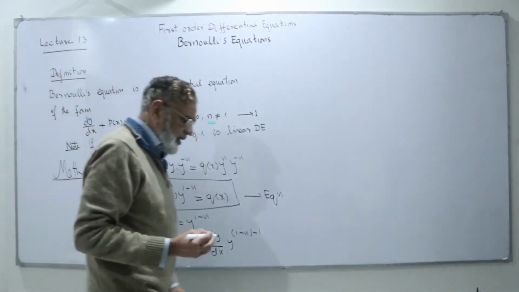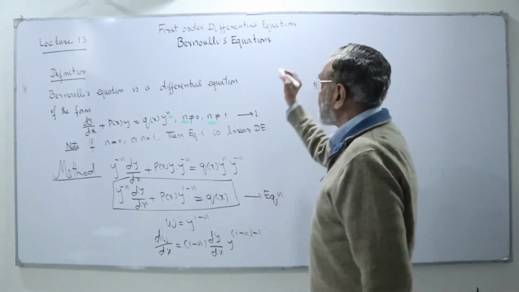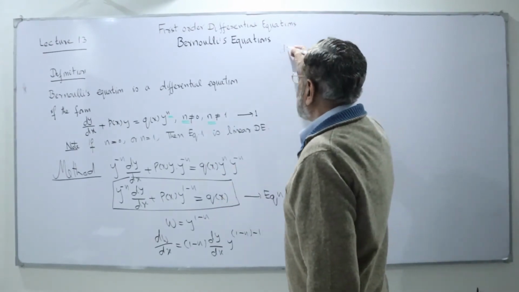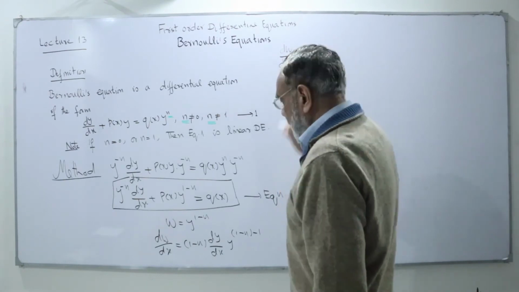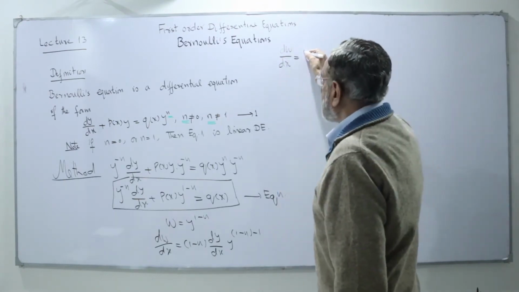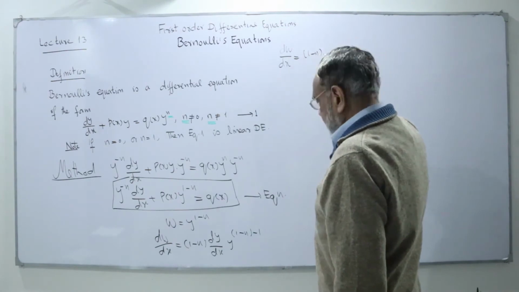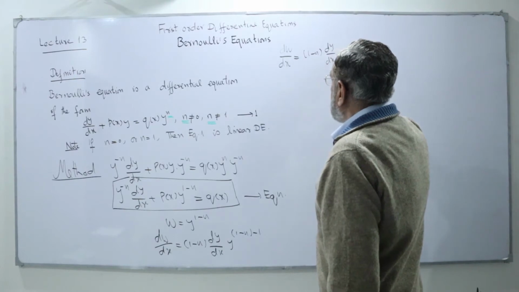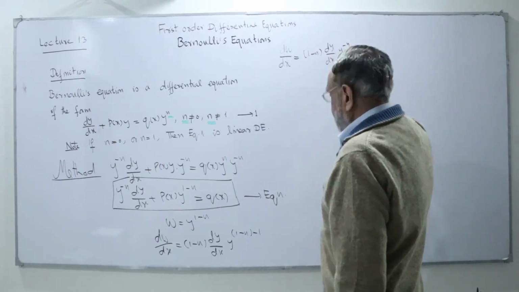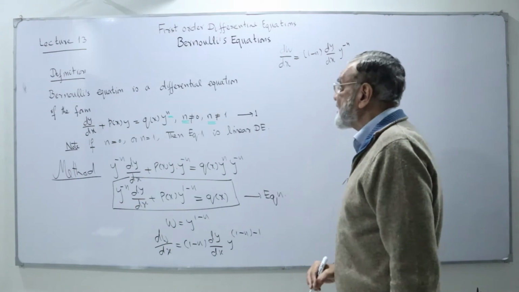We simplify this, and we write dw by dx equal to 1 minus n times dy by dx times y to power minus n. We open this: the minus n and 1 are cancelled.